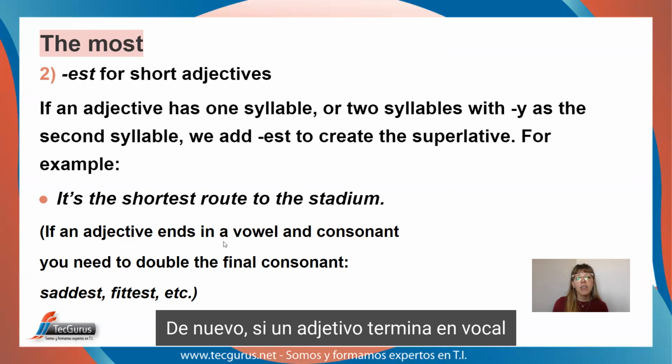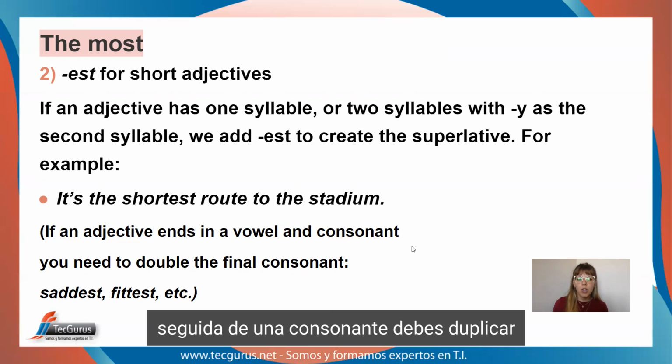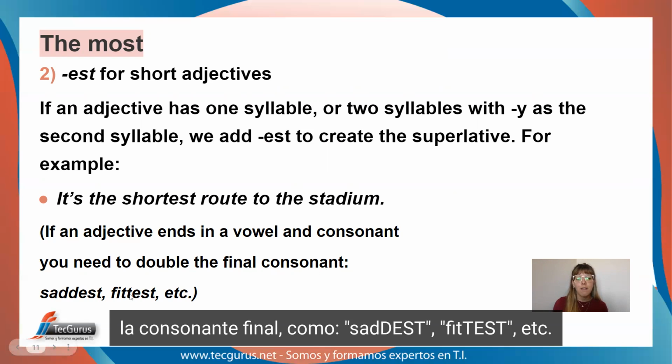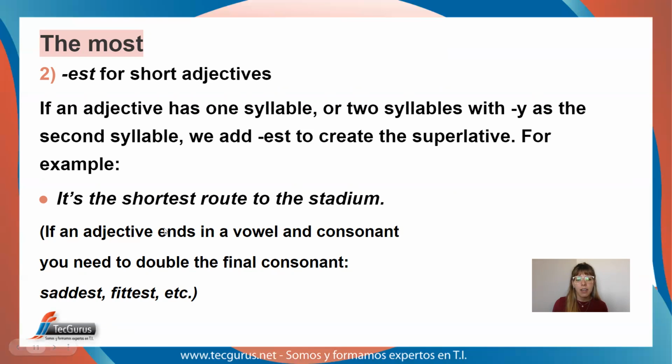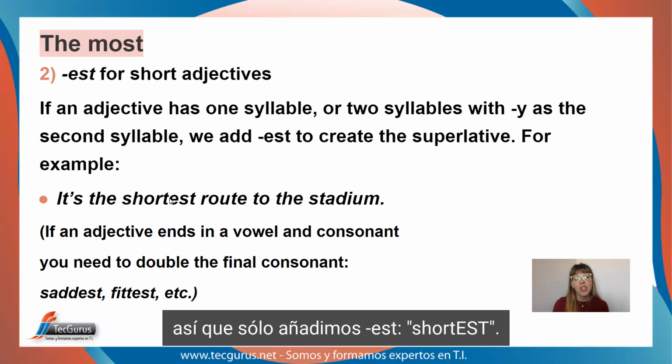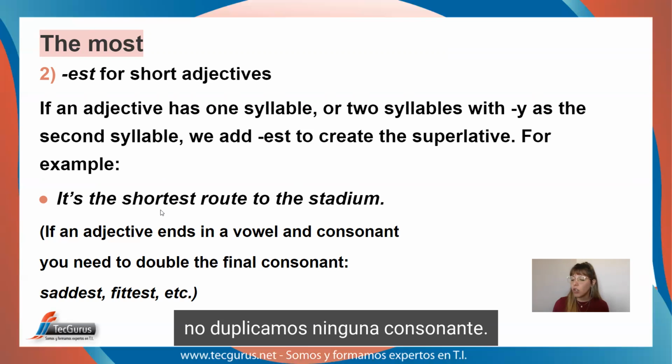Again, if an adjective ends in a vowel and consonant, you need to double the final consonant, like saddest, fittest, etc. This is not the case. Short is a short adjective. So we only add EST, shortest. And it ends in two consonants, so we don't double any consonant.